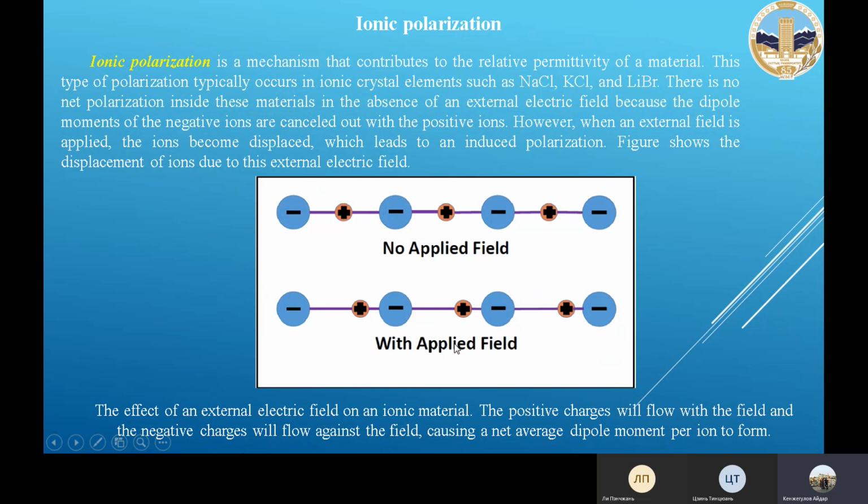The positive charge will flow with the field and the negative charge will flow against the field, causing a net average dipole moment per ion to form.